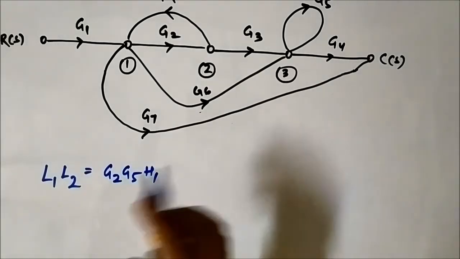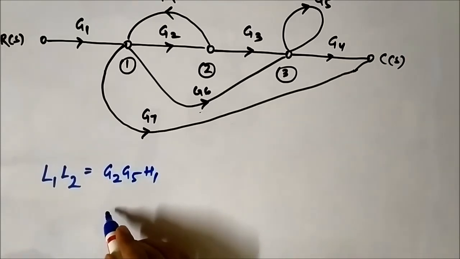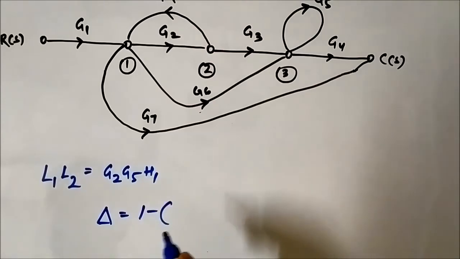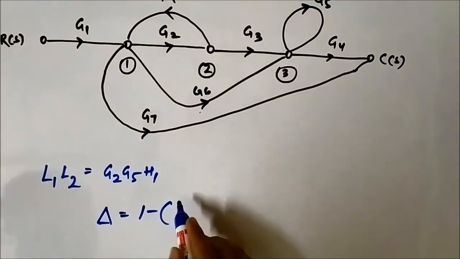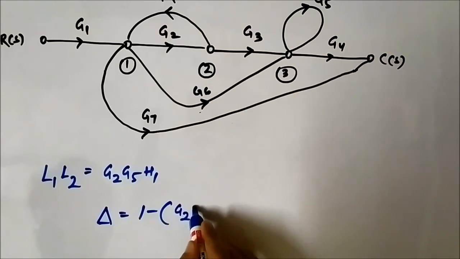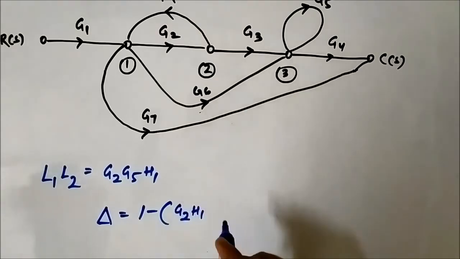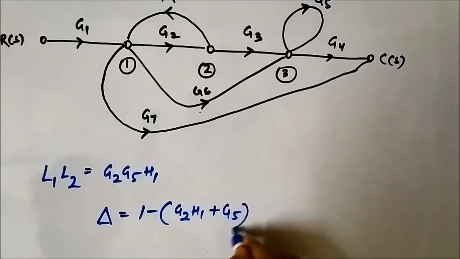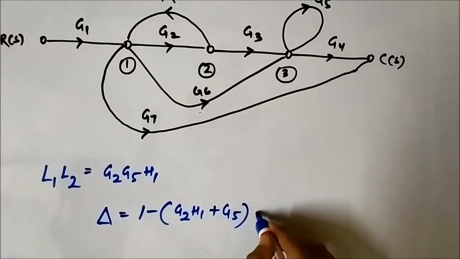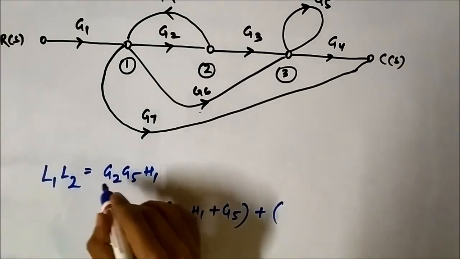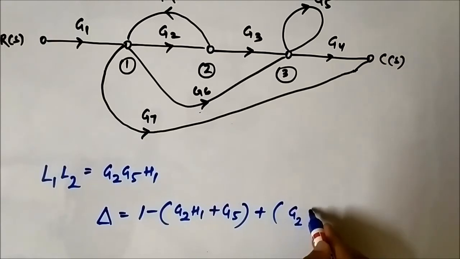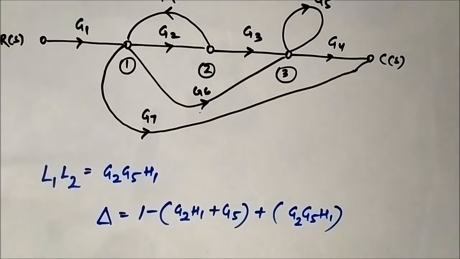Now we have to put it in delta. Delta is 1 minus the sum of the individual loop gains. L1 is G2 H1 plus L2, which is G5, plus L1 L2, the sum of gain products of two non-touching loops, that is G2 G5 H1. So this is the graph determinant.